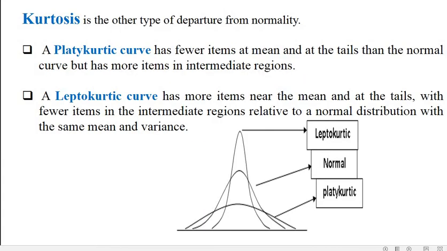The other characteristic which may show a departure of data is called kurtosis, التفرطح. It's the other type of departure from normality.